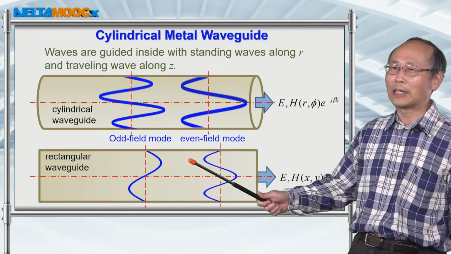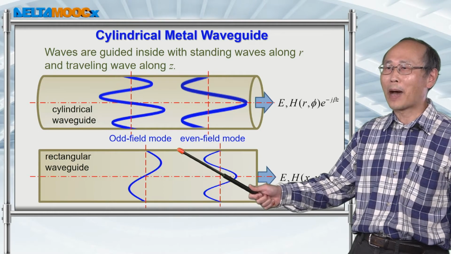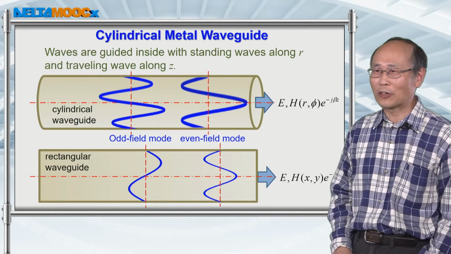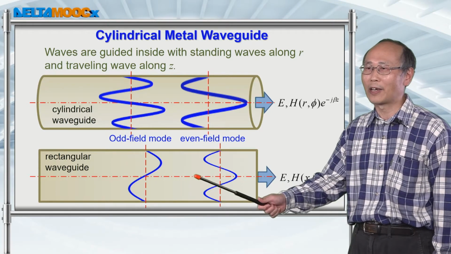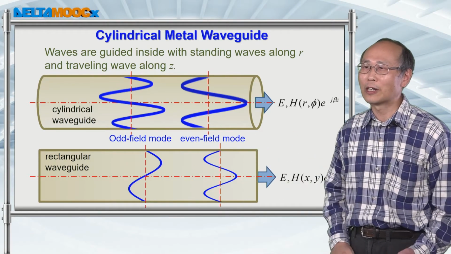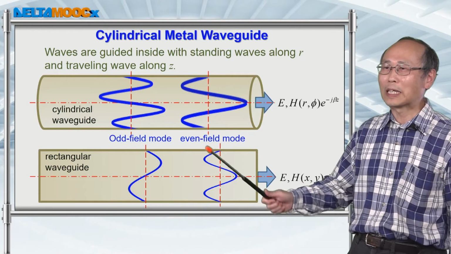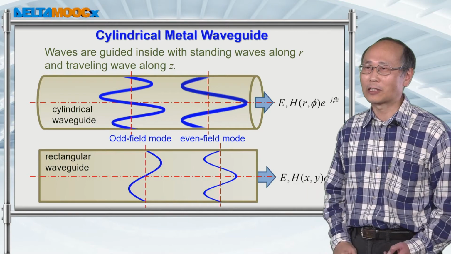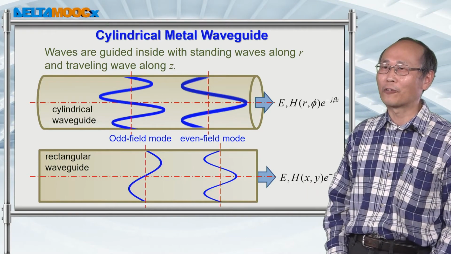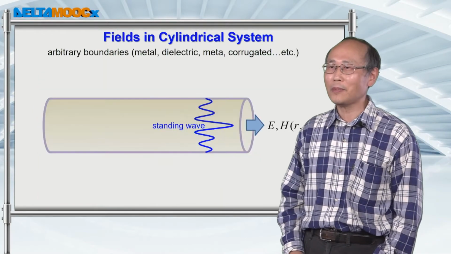That is because in the rectangular waveguide, the boundary surface is a flat surface. So you don't concentrate field on the axis. But for a cylindrical waveguide, you'll be expecting that the field is going to be stronger near the axis due to the focusing effect from the cylindrical boundary.